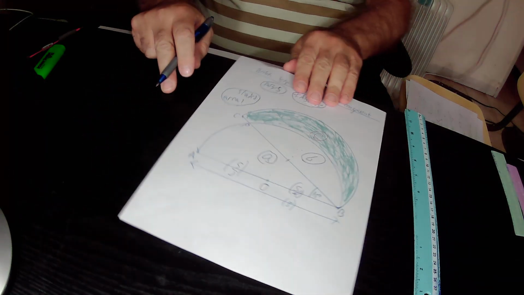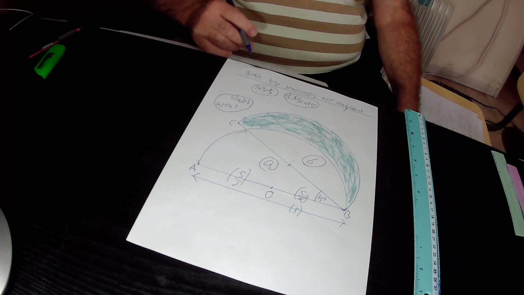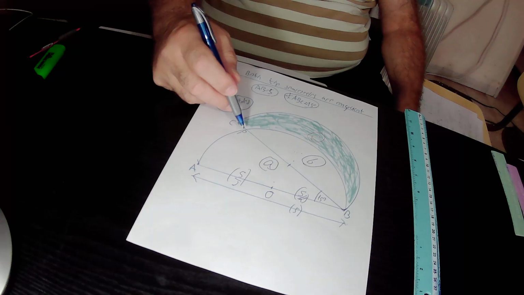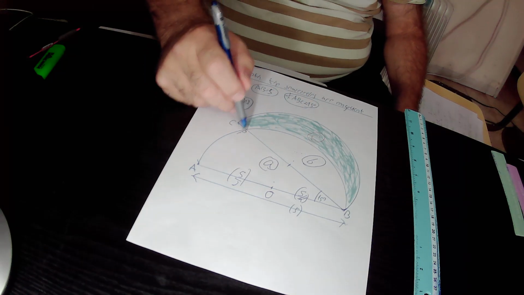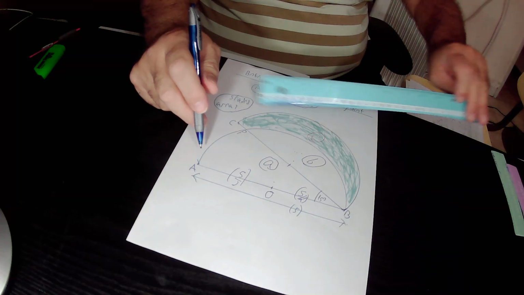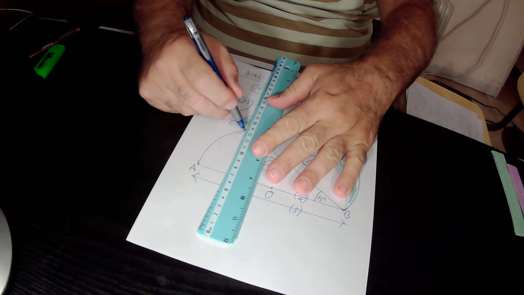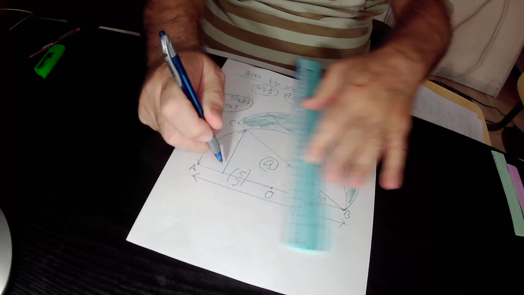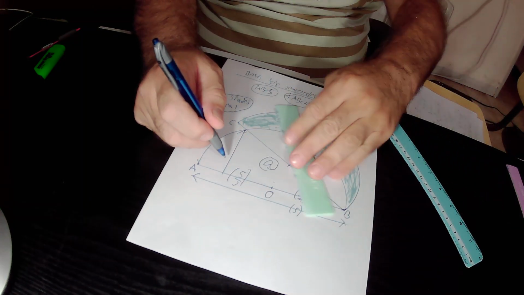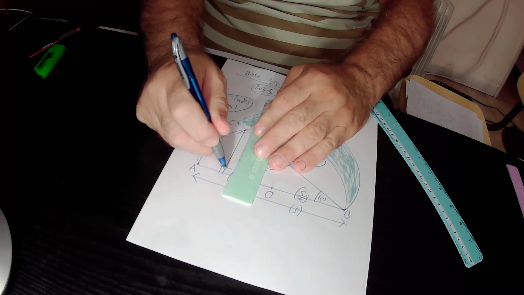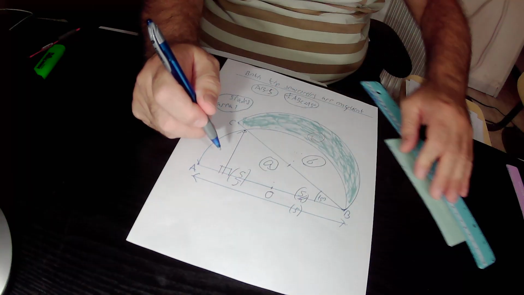In the next step, we do a construction. That is to say, from point P, we go perpendicular to AB. Again, from point P, we go perpendicular to side AB. So actually, this angle equals 90 degrees, and this angle also equals 90 degrees according to our construction.